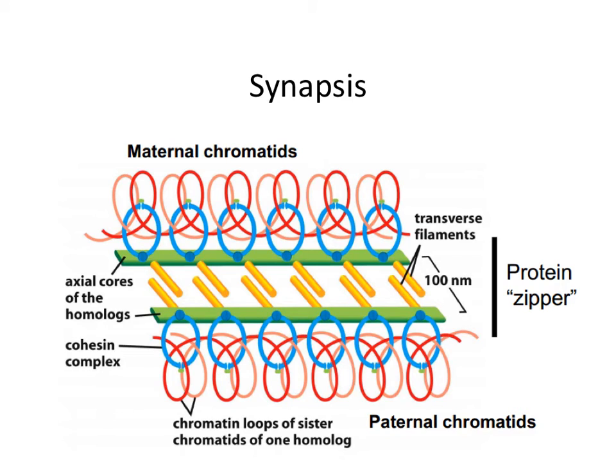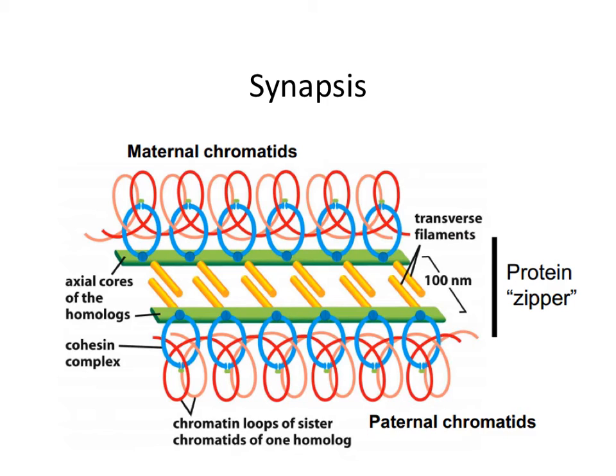This is what synapsis looks like in cartoon form. Those two sister chromatids, the copy of the chromosome you got from your mom and the version that just replicated, are the maternal ones in this case. Each of these loops is meant to represent one double helix of DNA. Those two sister chromatids are very tightly intertwined, and they're attached to a protein complex, the axial core.